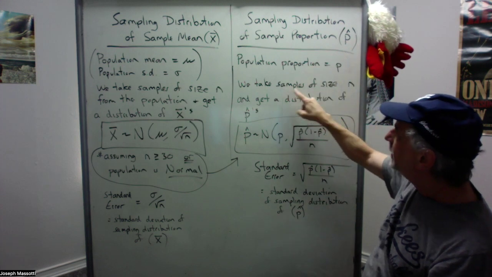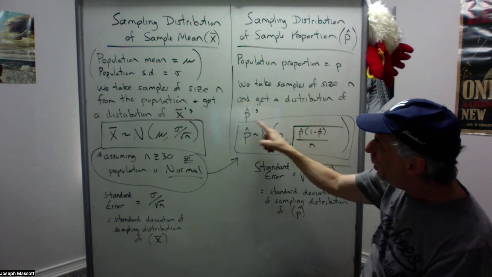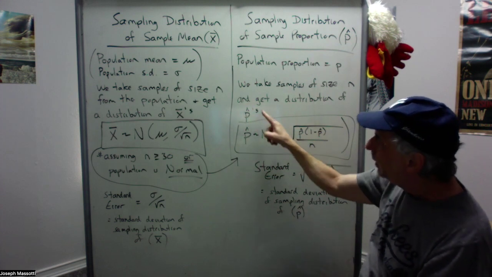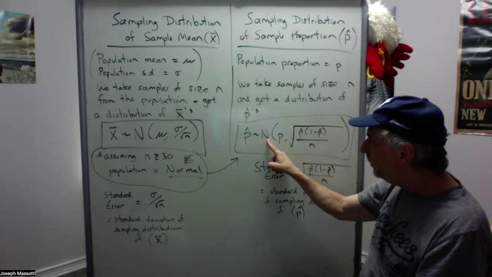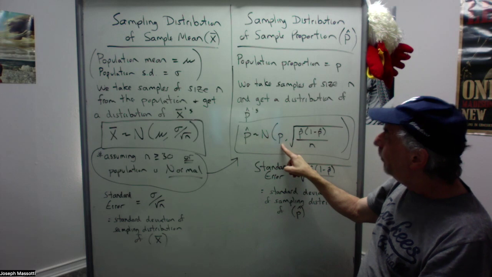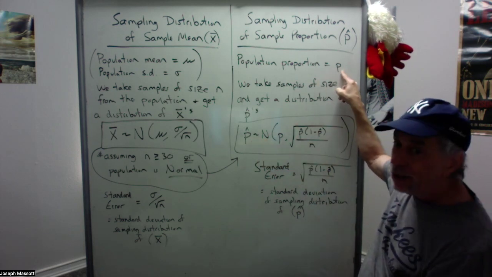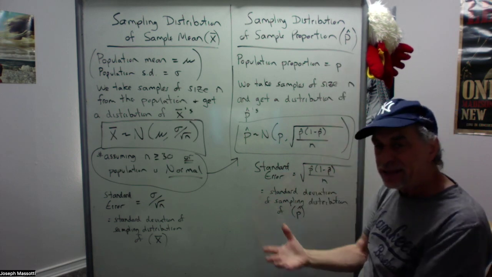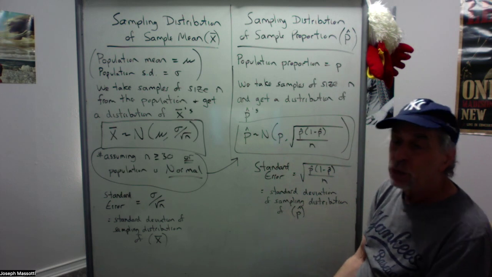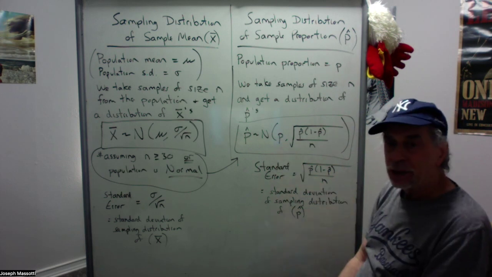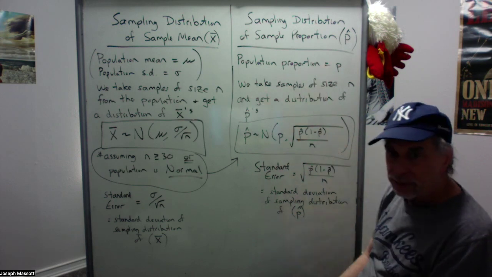Okay, same idea, we take samples of size n from the population and we get a distribution of sample proportions. And those sample proportions are going to be distributed normally with the mean of the sampling distribution being the population proportion, again, usually unknown. We're going to think it's something going into our tests, and we're going to get that number. We're going to test whether the population proportion is a certain value or not. That's what we're testing because we don't know. Same thing with the means.